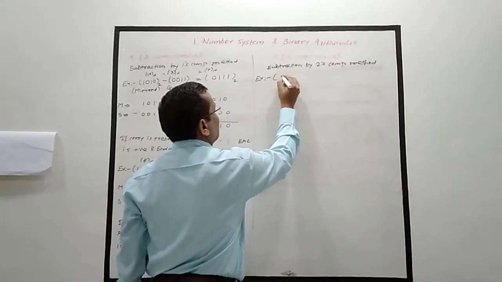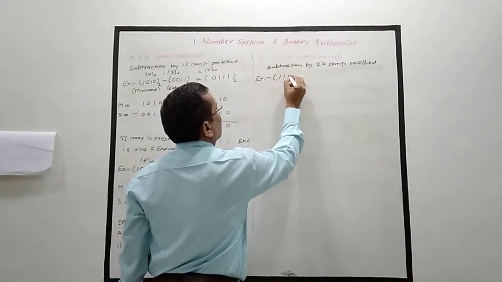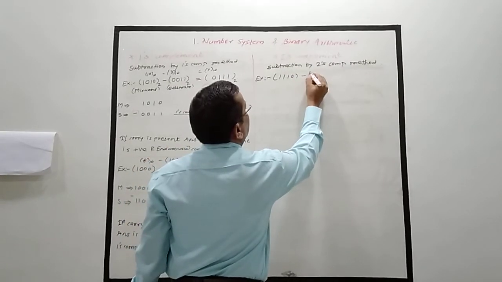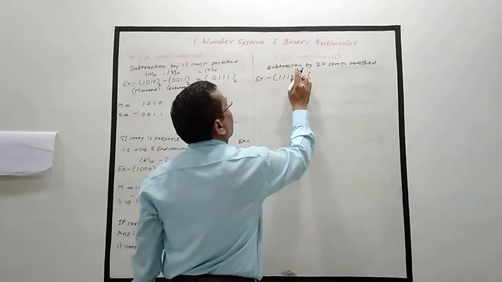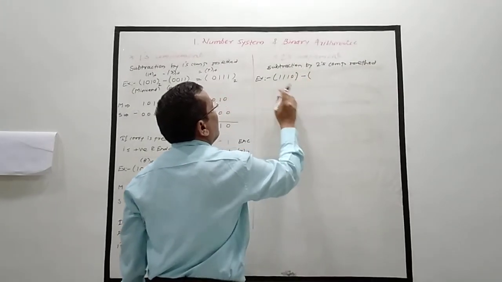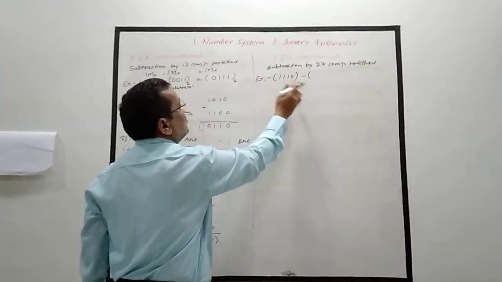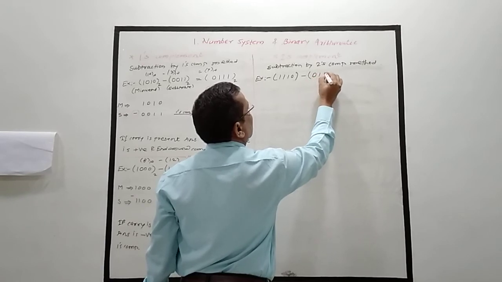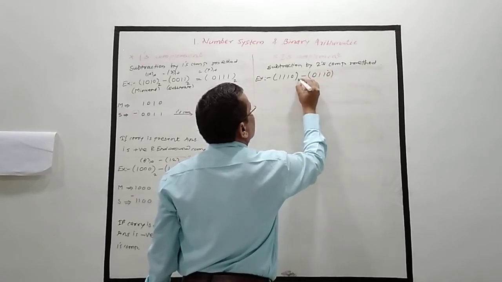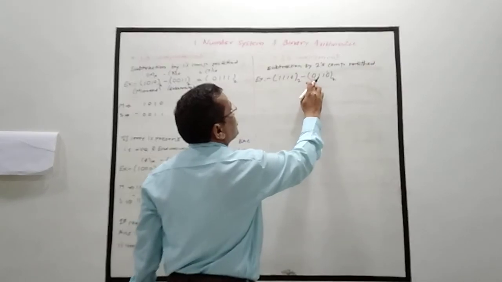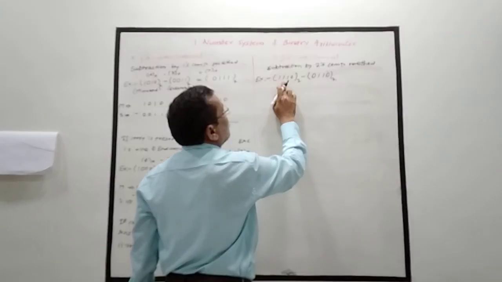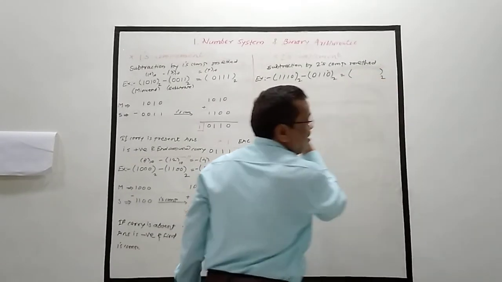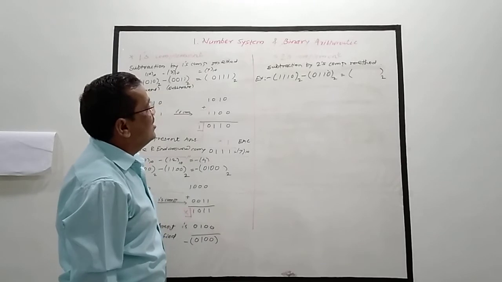Subtract 0110 from 1110. What will be the answer? Obviously answer will be binary, but what is the number?